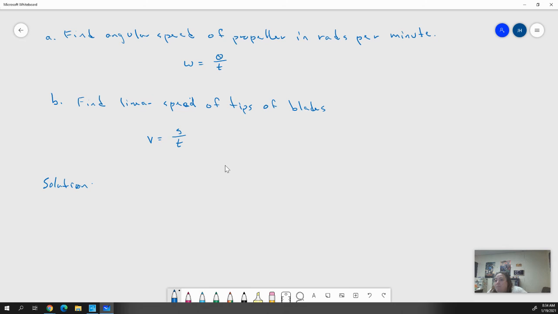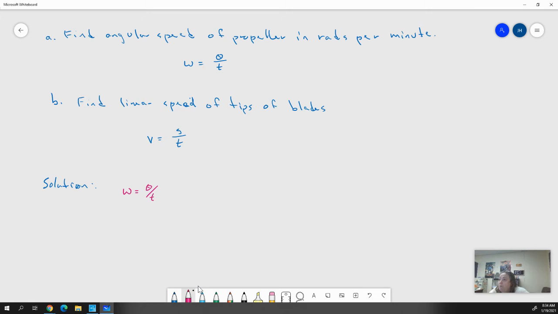So when we're solving part A, solution. All right, I am writing sloppy today. I am so sorry, you guys. I am off my game. Part A, we want the angular speed, right? Which is dealing with w equals theta over t.